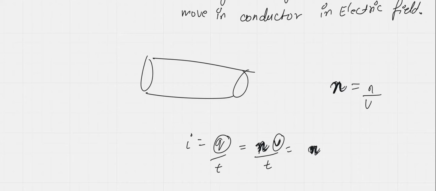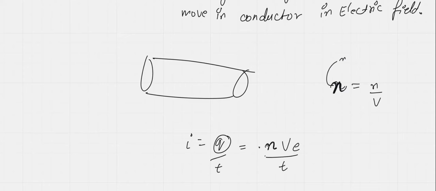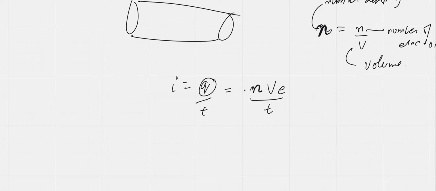These are many electrons, and you can simply say, sir, we have this many electrons, divided by V. So this will come out as number density, volume, multiplied by the electron charge, divided by t.